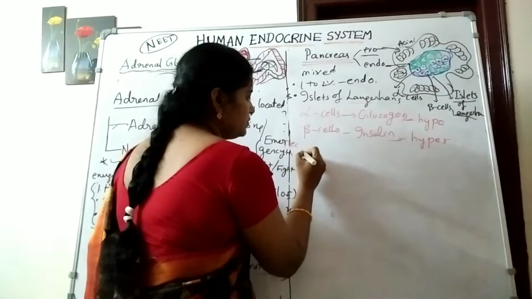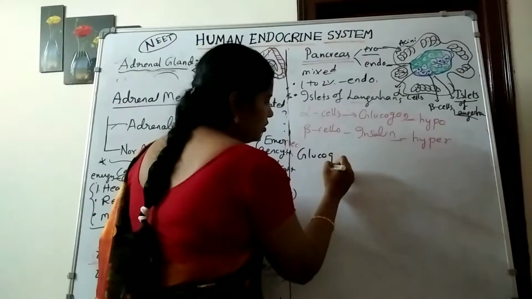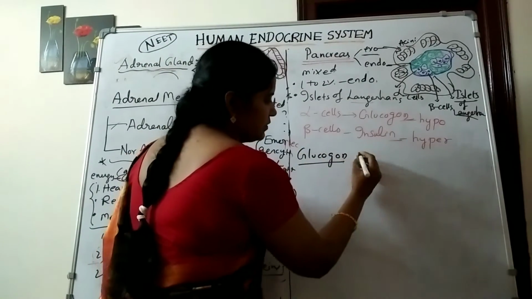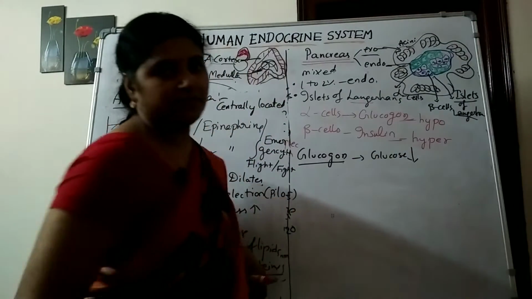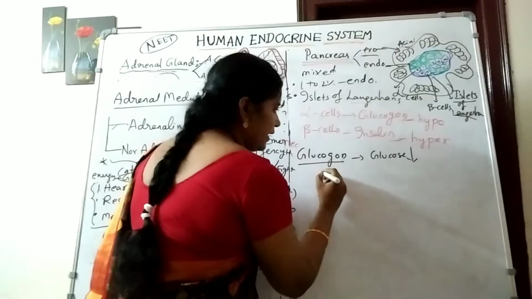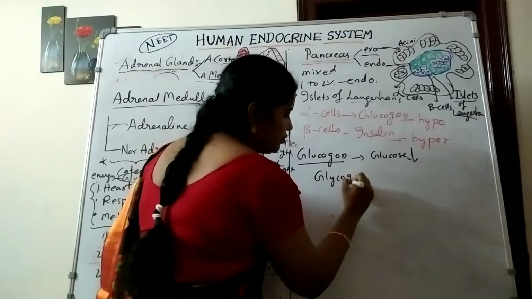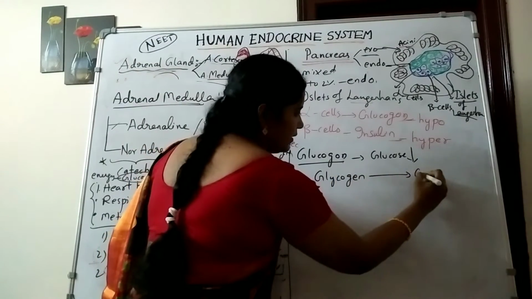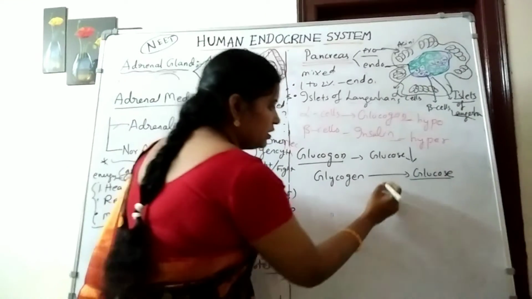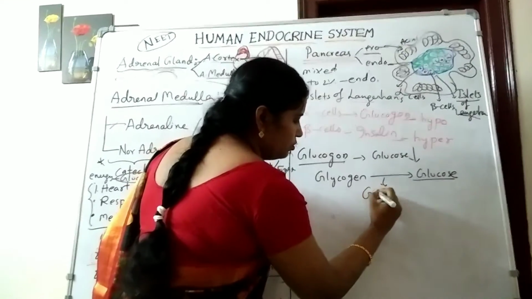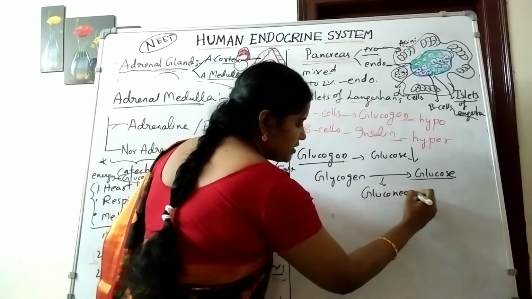Hypoglycemic is nothing but when glucose levels decrease. So the glycogen is going to break down and release glucose.